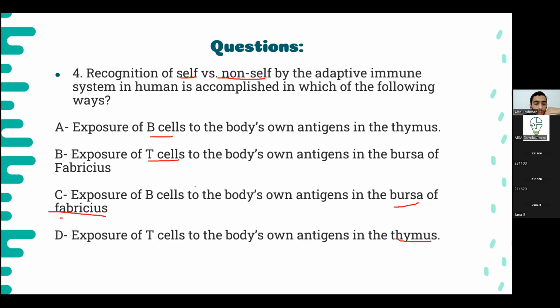Okay, you guys said D, which is exposure to our body's antigens in the thymus, which is the correct answer. This is the positive selection part because it's not B cells.